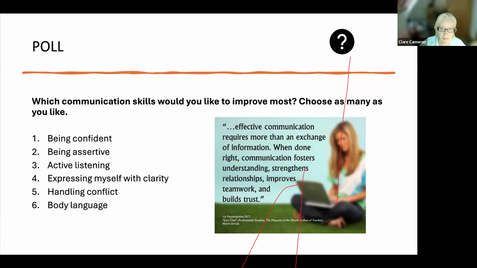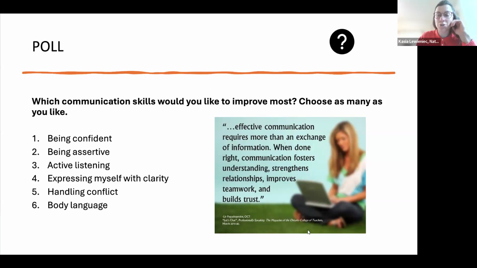So if you want to pop in the chat which of those, you can use 2, 3, 4, none, 1, 6, oh, 6 of them, as many as you like. Somebody just wrote being assertive. Another person wrote number 5, handling conflict. That's mine as well, I would say.